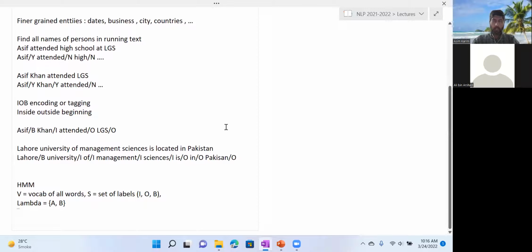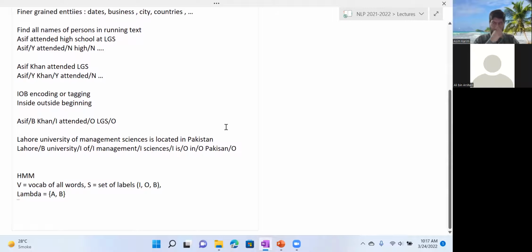Okay, a quick note about evaluation, and then I'll move on. Obviously you're labeling at every word level. For example, for Lahore University of Management Sciences, you're labeling every word.